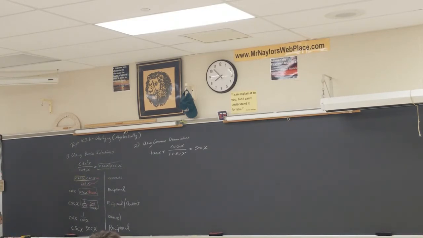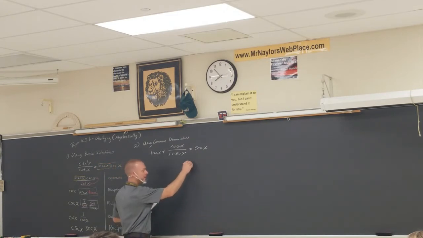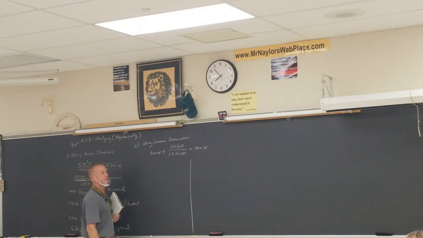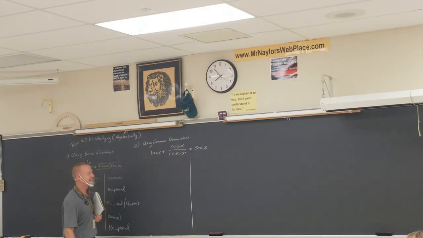Again, realize what's happening here. It's like I'm giving you the answer, which does make this process a little easier. Now we've seen a number of problems where we've used common denominators. This is a good example of it because as you stare at this, I want you to realize that what you have are 2 fractions that are being added together.